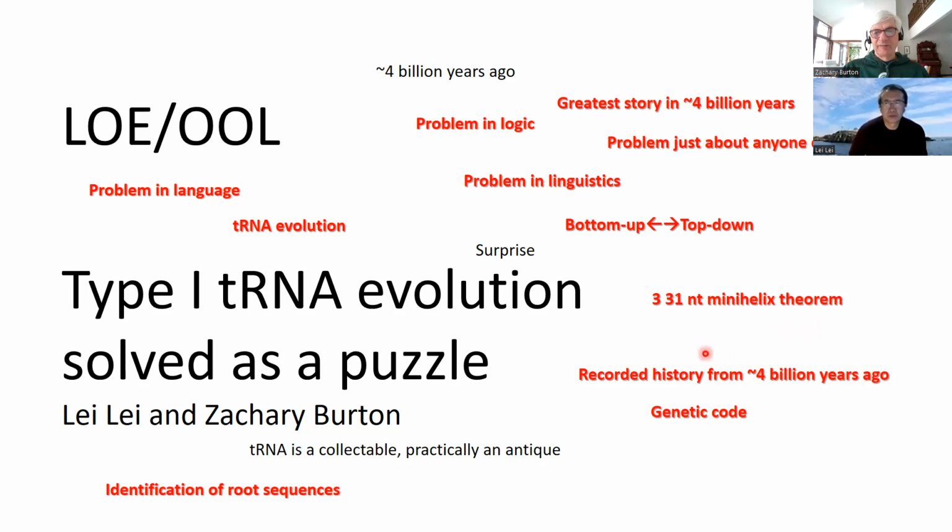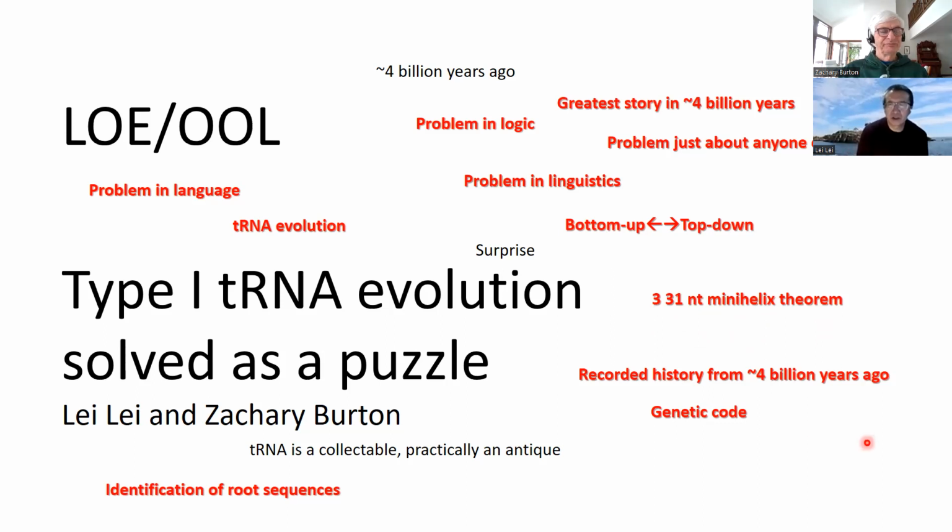So basically, that's a written history. It's recorded that tRNA was generated from 331 nucleotide mini-helices, and two of those were initially identical to become the T loop and the anticodon loop. The D loop was a different flavor, but a related molecule.